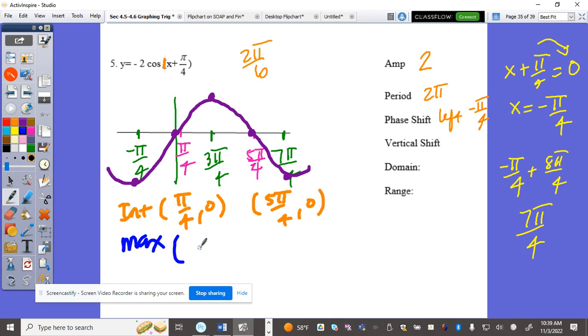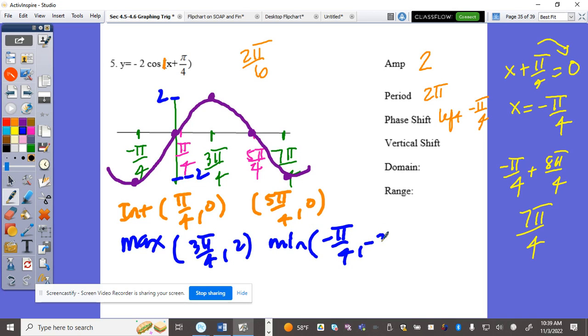This is 2, that's negative 2 there. So the maximum there is at 3 pi over 4, comma 2. The minimum is at negative pi over 4, comma negative 2. And also 7 pi over 4, comma negative 2.